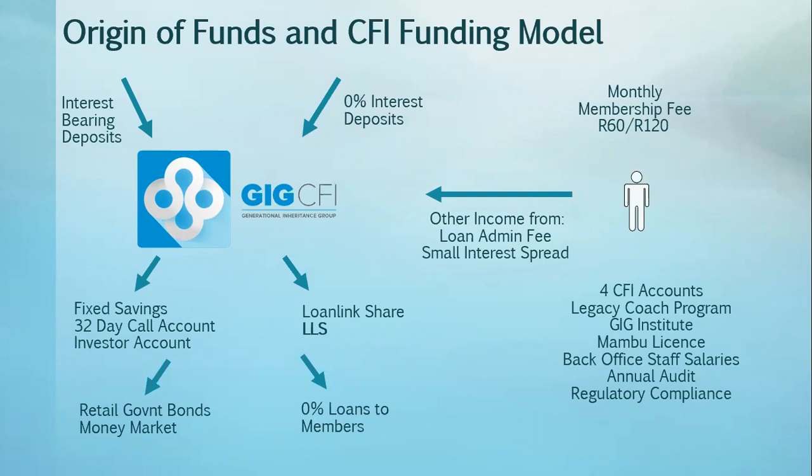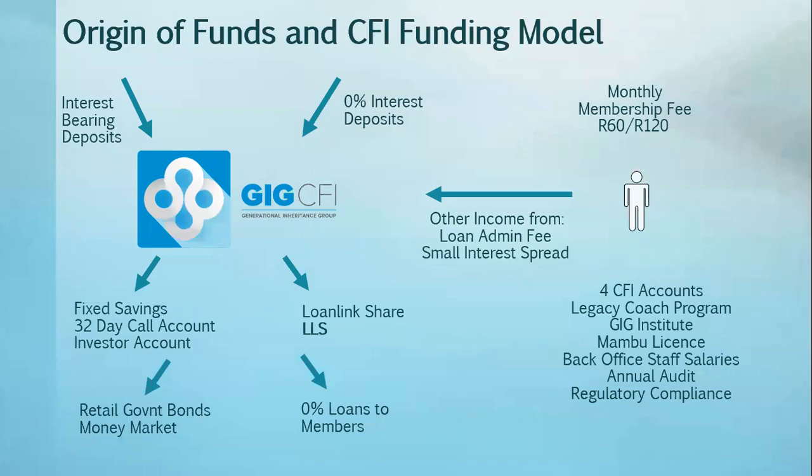We also, as a bank, have to pay royalties or licensing fees to Mambo, which is our banking licensing software. And then we have back office staff like our IT guy, the accountant, the manager, and the admin assistant that need to be paid salaries.